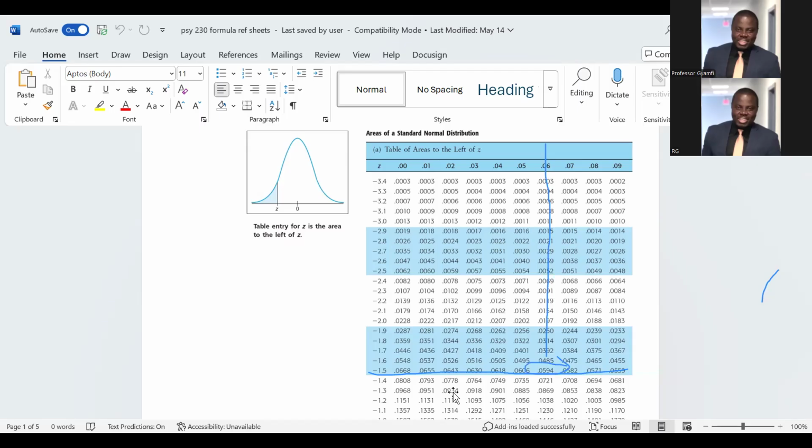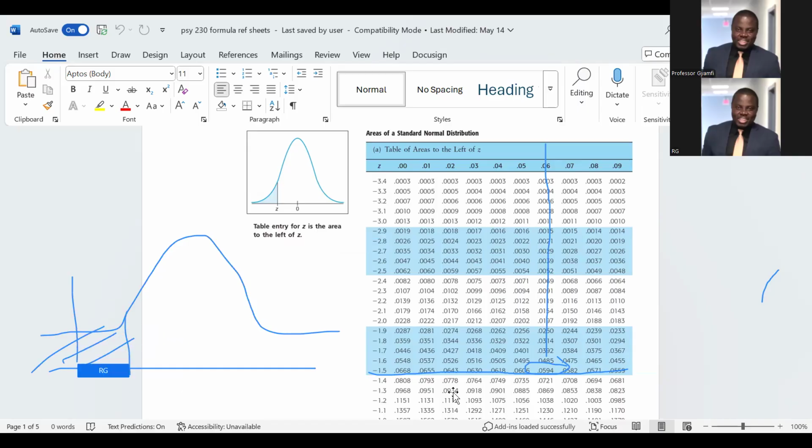So that gives me 0.0594. So my area to the left is going to be that. And that's it. That's all you do. Let's go to the next one.